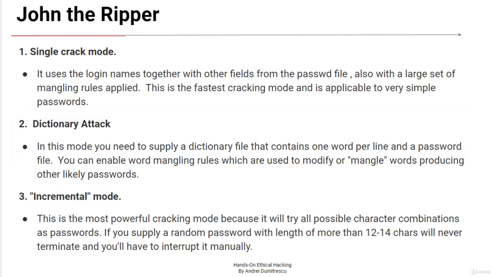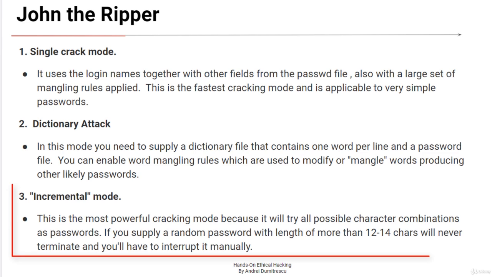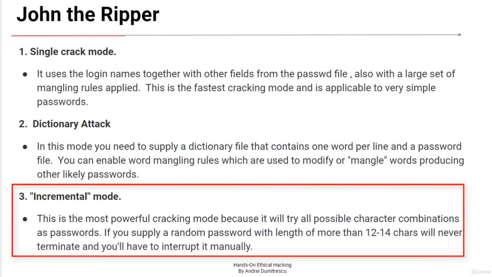And the most powerful cracking mode is the incremental mode. It will try all possible character combinations as passwords. However, if you supply a random password with a length of more than 12 or 14 characters, it will never terminate and you'll have to interrupt it manually.